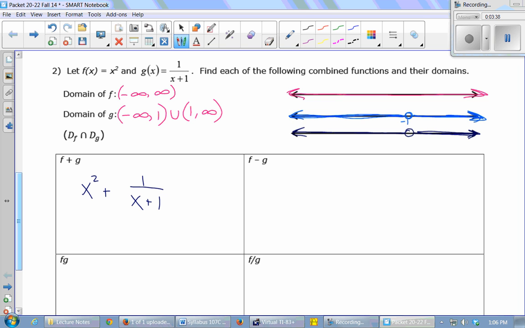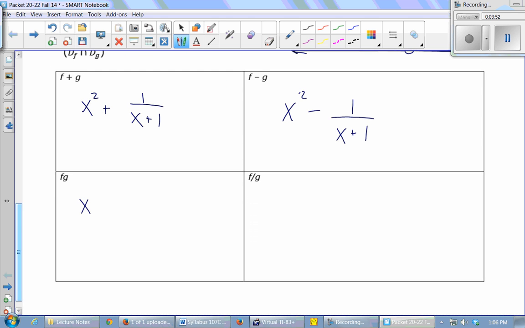If I want to subtract two functions, subtract their formulas. Done. Multiply two functions, multiply their formulas. And then I suppose I could write that that equals x squared over x plus 1.